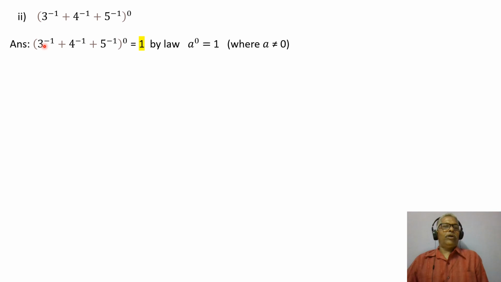If 3 raised to minus 1 plus 4 raised to minus 1 plus 5 raised to minus 1, the whole bracket raised to 0, anything raised to 0 is 1, except this should not be 0. Of course, this is not 0. By law, A raised to 0 equal to 1, where A is not equal to 0. So we are through.